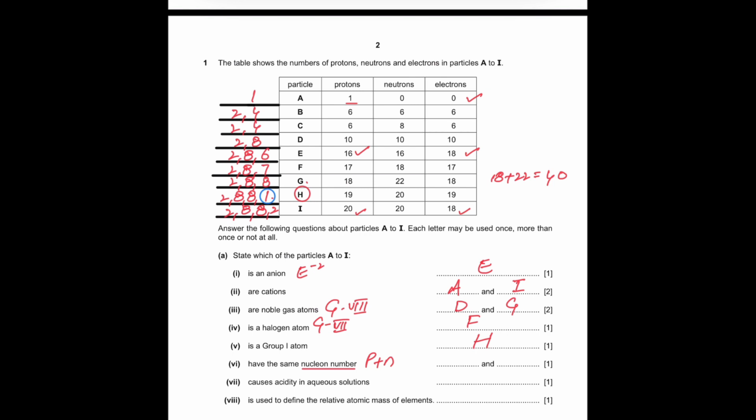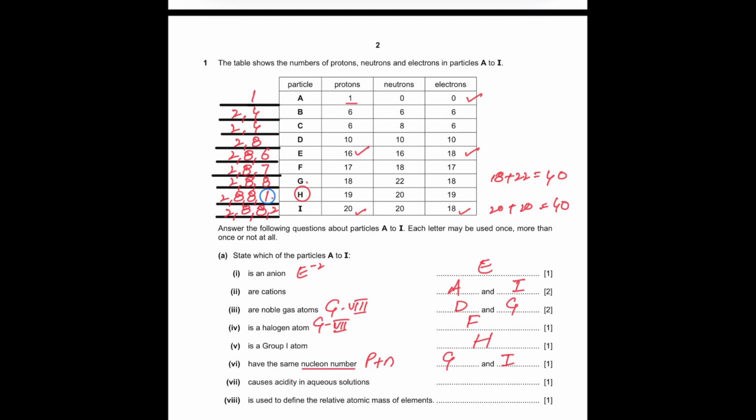And then look at the I. For I, 20 plus 20, 40. So it means that G and I have the same nucleon number because the sum of the protons and neutrons is equal to 40.